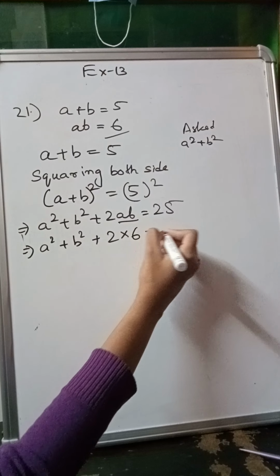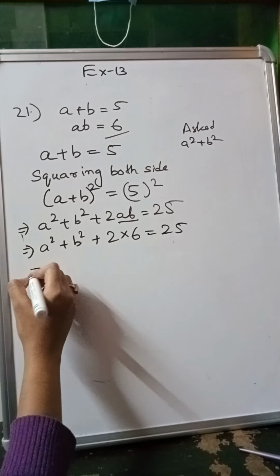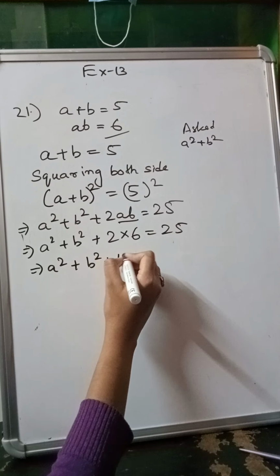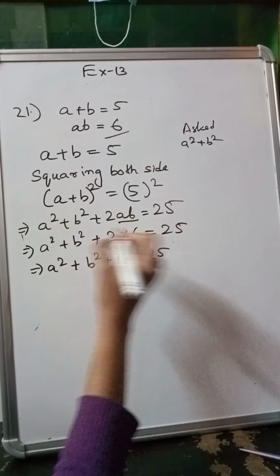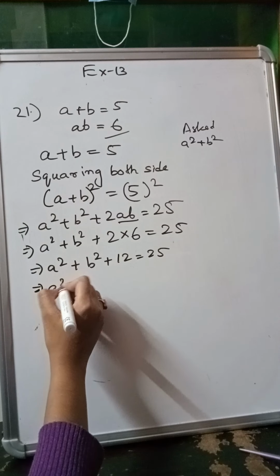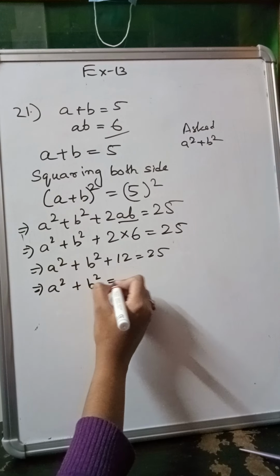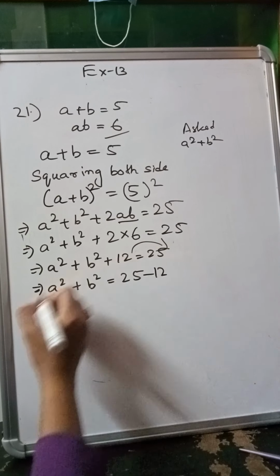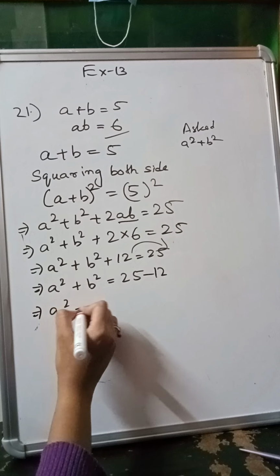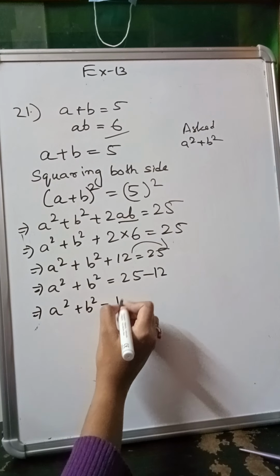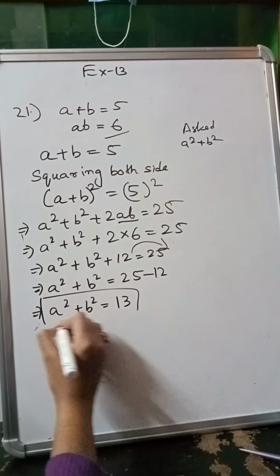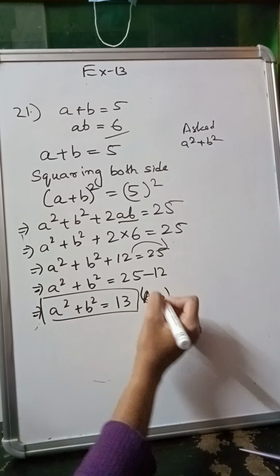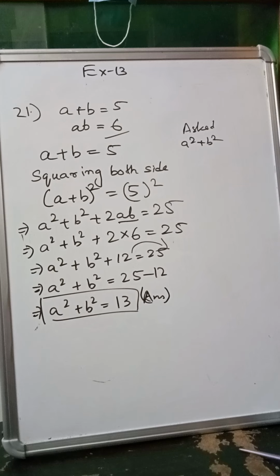So 2ab is 12, and this will be a square plus b square plus 12 equals to 25. So for a square plus b square, this 12 will go this side. So a square plus b square equals to 13. So we have got the answer. Right? I hope this is clear.